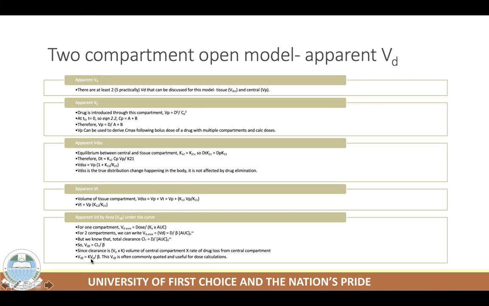Once you can calculate the volume of distribution in plasma, you already know the K in the equation, and then you can extrapolate beta from the graph. So this is usually used in practice for determining those calculations for drugs.